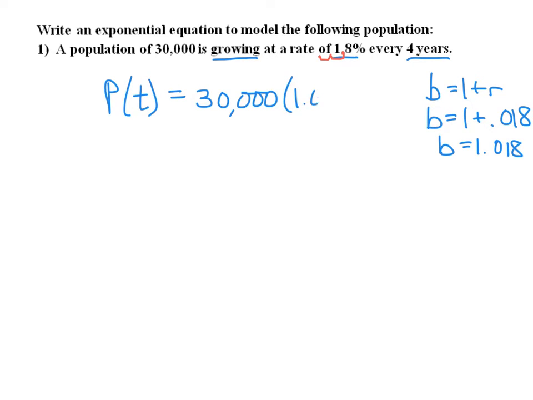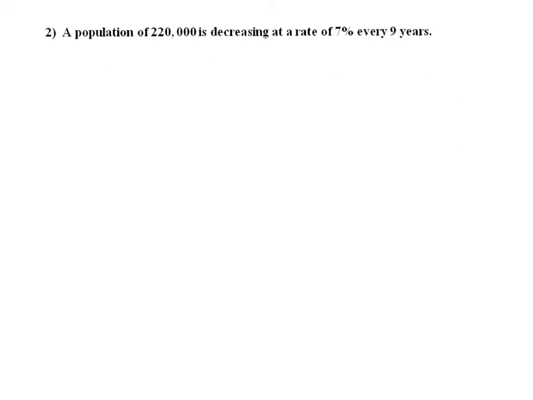So that goes right here. And then, since my population is growing at that rate every 4 years, my exponent is going to be t divided by 4. So I hope you can follow along to see how these exponential equations are formed.